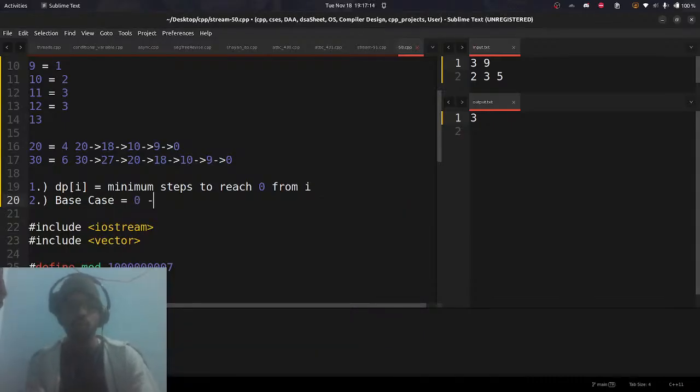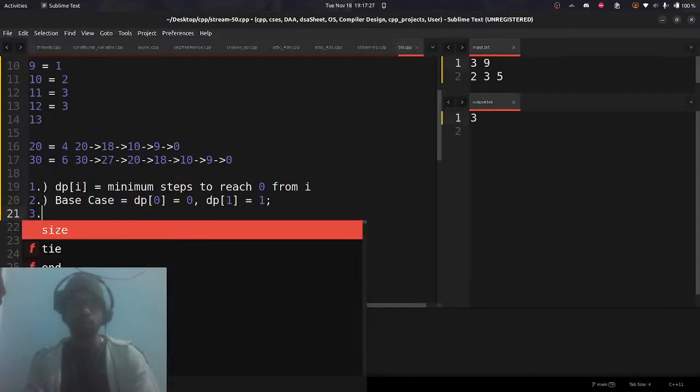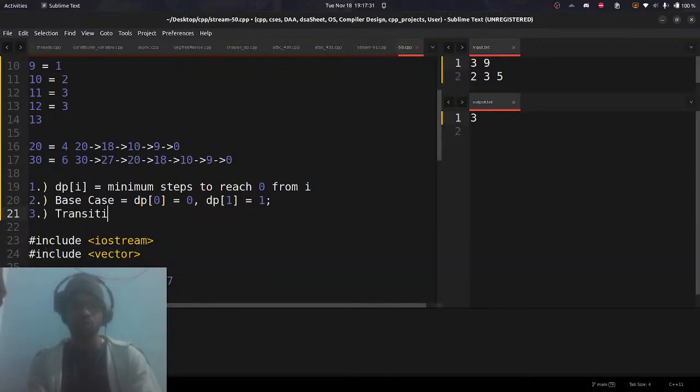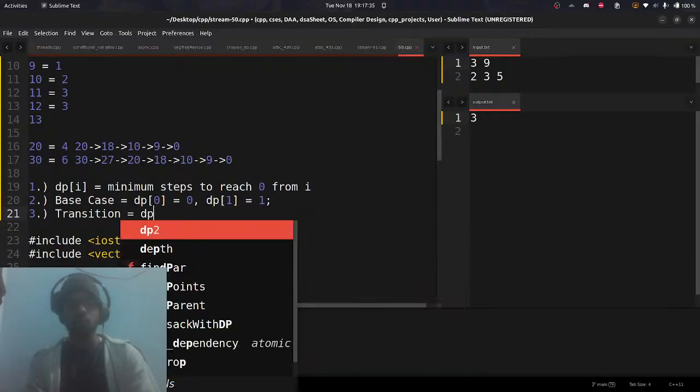For 0 we have dp[0] is 0, and dp[1] is 1. Okay. And then the transition. Okay, so it's simple.